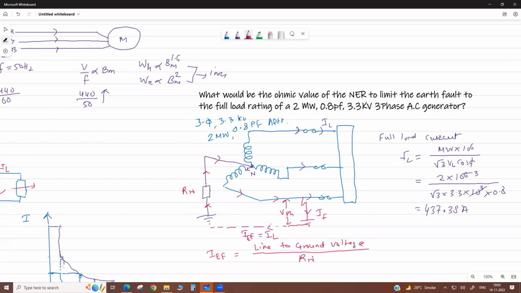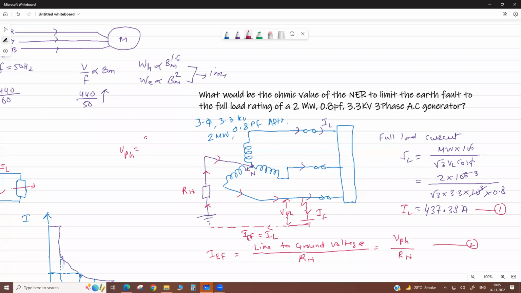So if this is a phase voltage divided by Rn, and this is your full load current, this is equation 1 and this is equation 2. Now you calculate the phase voltage.